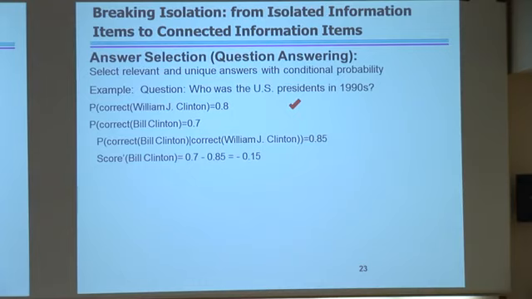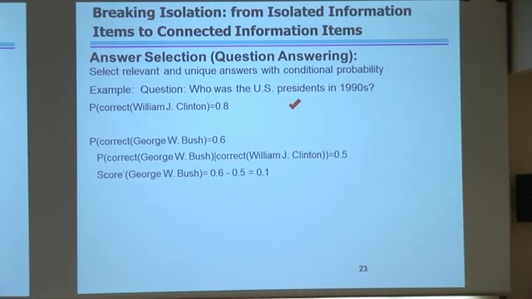And the second component represents the conditional probability that considers the already selected answers. Because Bill Clinton and William Clinton are very similar, this conditional probability is high. And then we can calculate a new score for this answer.